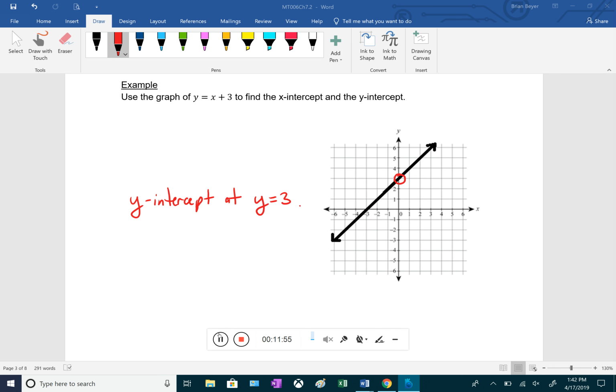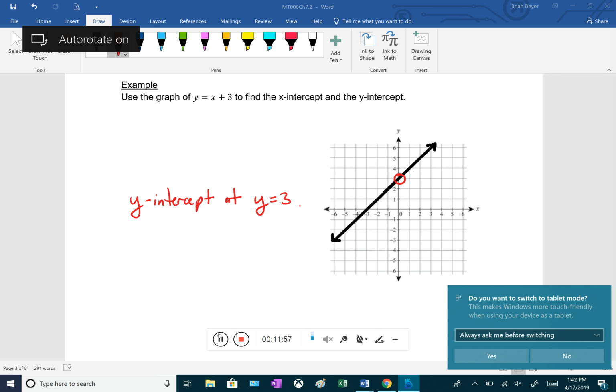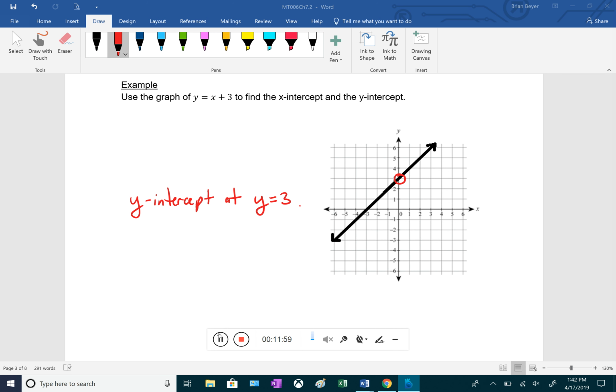As a coordinate, that would be 0 comma 3. For the x-intercept, we look at the x-axis and see where it's crossing. It's crossing right here at -3. So the x-intercept is x equals -3, and as an xy ordered pair, it would be -3 comma 0.